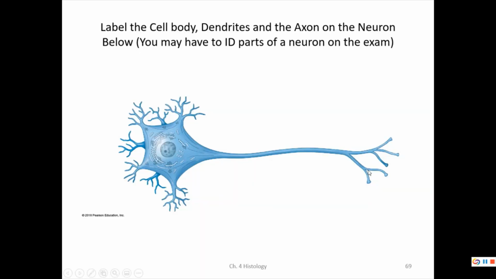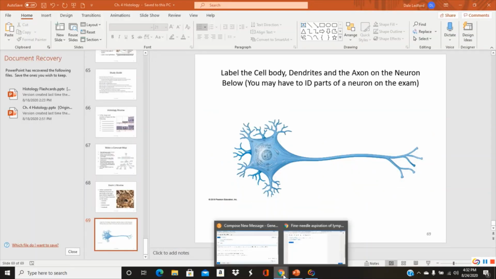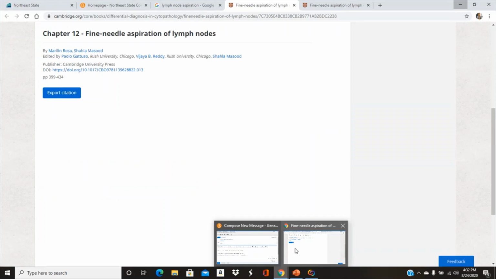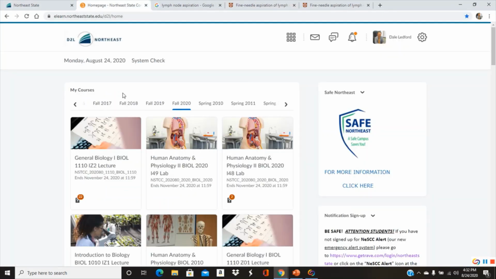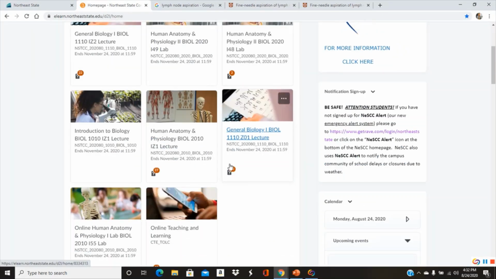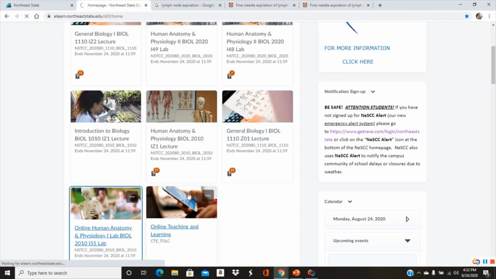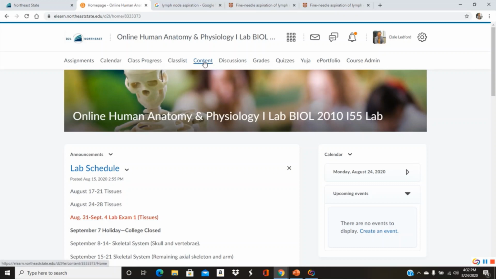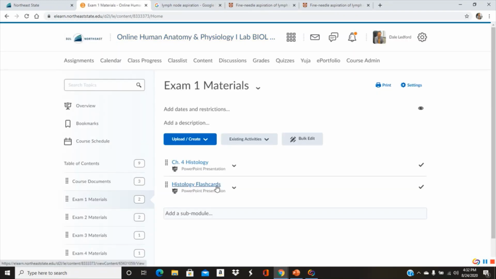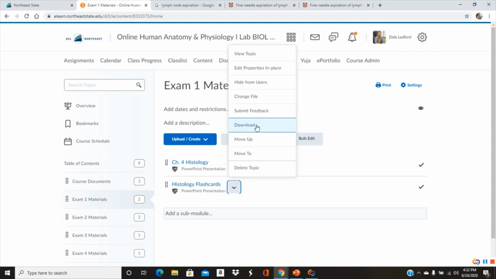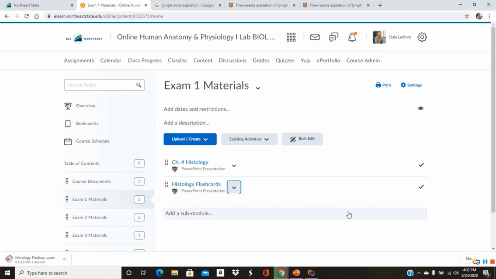Now, if you go into D2L, under content, and you go in here to my lab, AP1 lab, and you click on content, you're going to see some flashcards. These flashcards are the exact images that I use on this test.